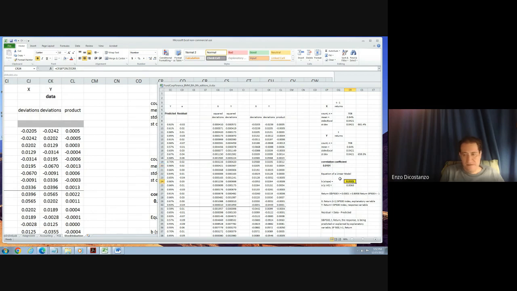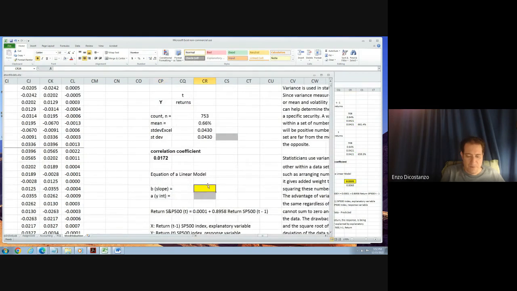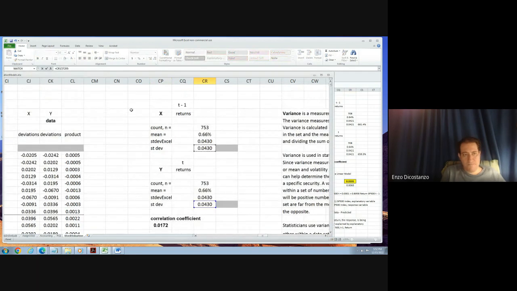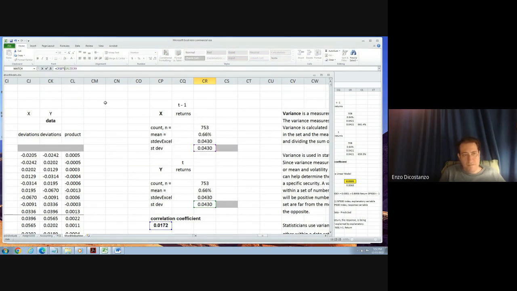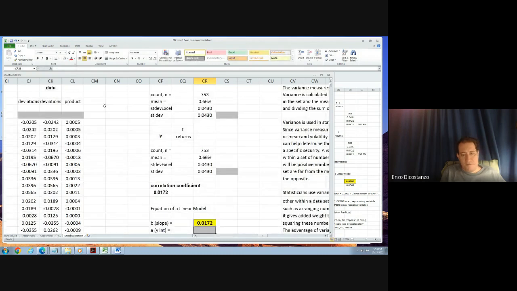All right, the slope is the ratio of y to x deviations times the correlation. There we go.